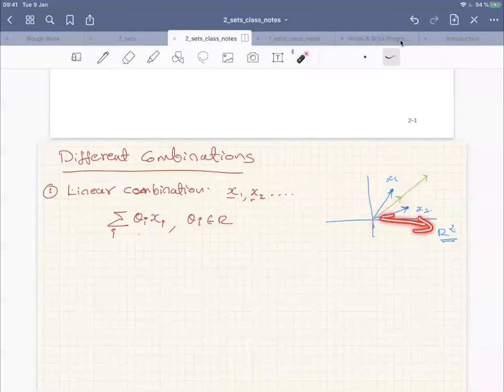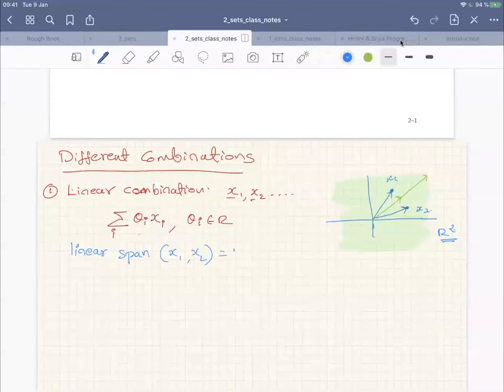So if you take all the possible combinations, you will get many points, and if you consider all such possible combinations, what you will be getting is the entire R2, right? That will span the entire R2. So we can say that the linear span of x1 and x2 is R2.